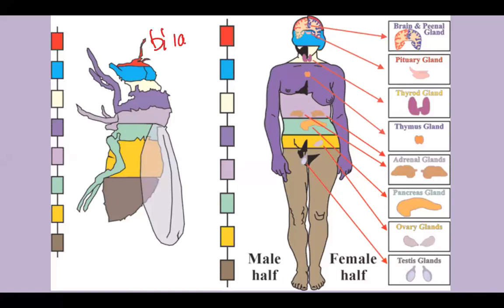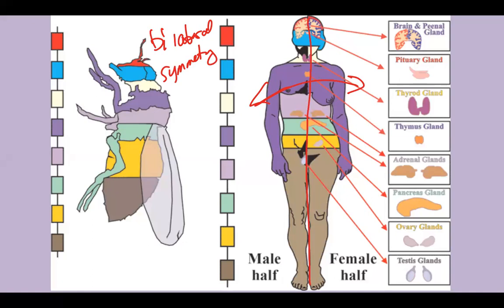Bilateral symmetry means if you draw a line down the middle, the left side and the right side, which is where the lateral comes in, are mirror images of each other. You would see that with a housefly. I can't show it because it's positioned wrong, but if you looked at the housefly from the top down or from the bottom up, not from the side, and you drew the line, it would be mirror images of each other.